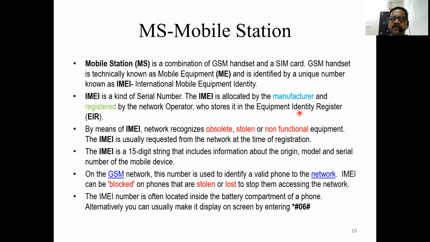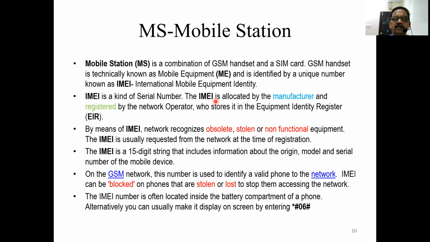At the manufacturing time itself, the IMEI is printed on it. When the mobile is connected to the mobile network operator, this IMEI number is registered by the respective operator.